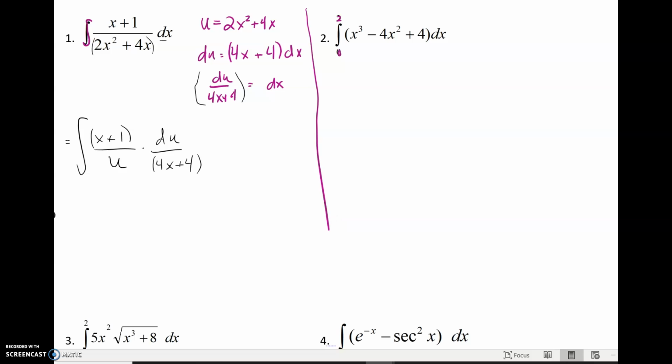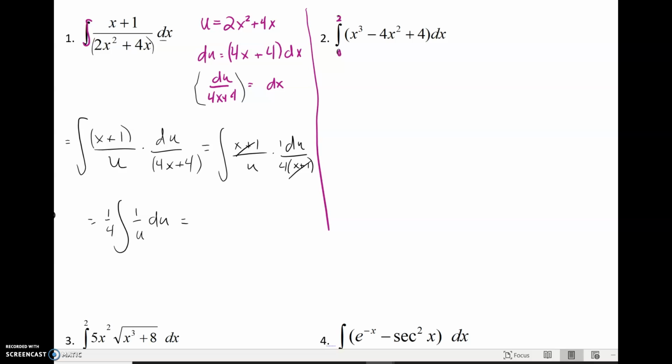So that is, if I did one extra step, sorry, that's x plus 1. If I factor out a 4, then I get the cancellation that I need. So that's a 1 over 4. I usually bring the constant outside the integral, and then I'm just dealing with 1 over u du.